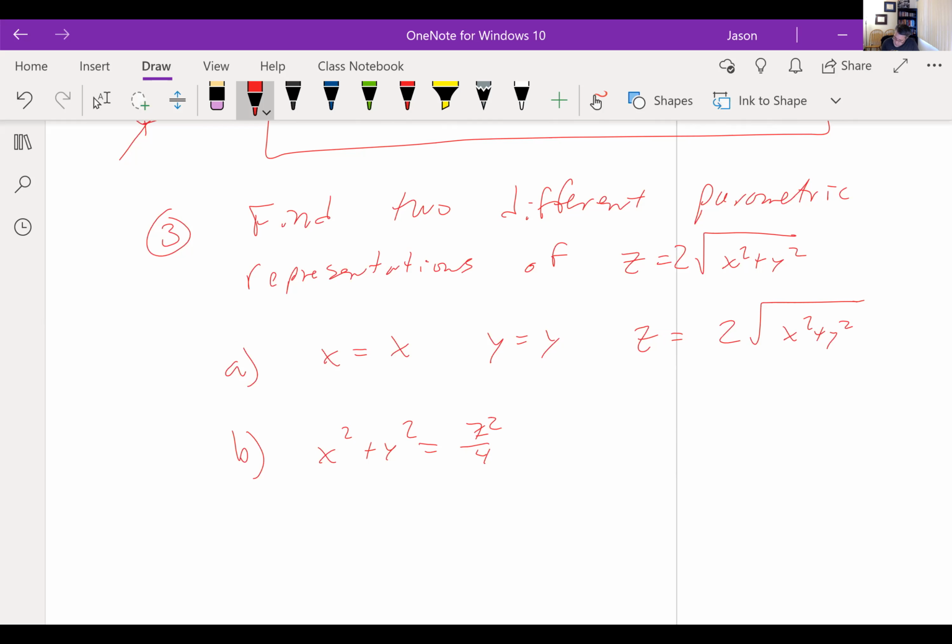Okay, so we have a point on the surface, x, y, and z. And then, what do we got here? And we're rotating through an angle, theta, right? So we're rotating through this angle, theta.